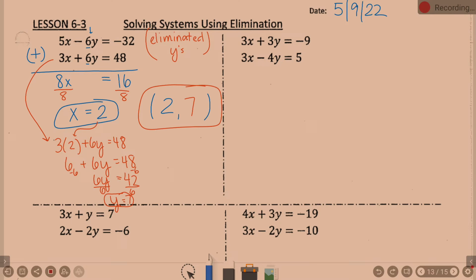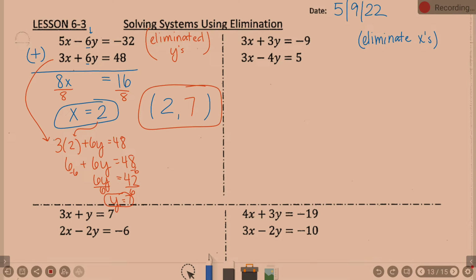So for that reason, I'm going to pick to eliminate the x's. Now, what's the catch?